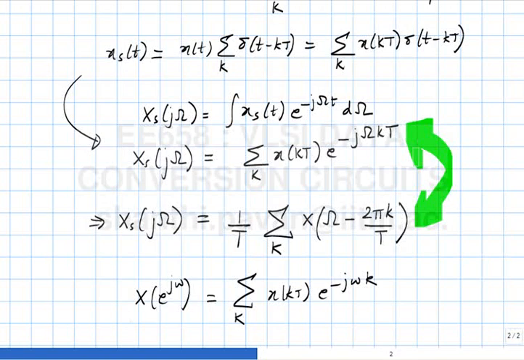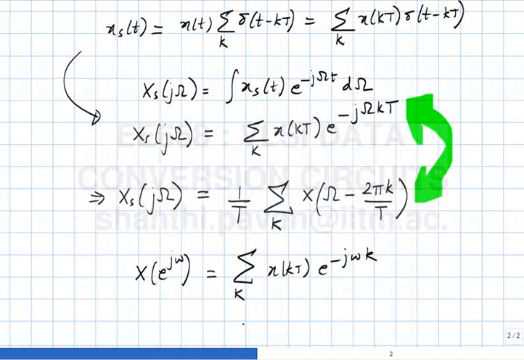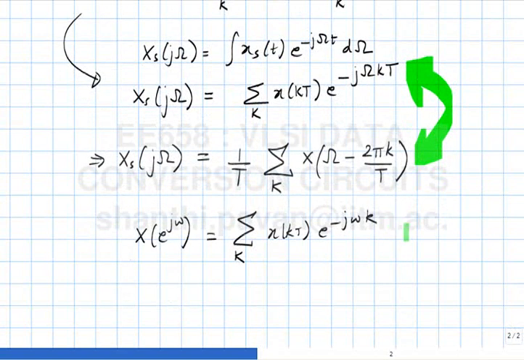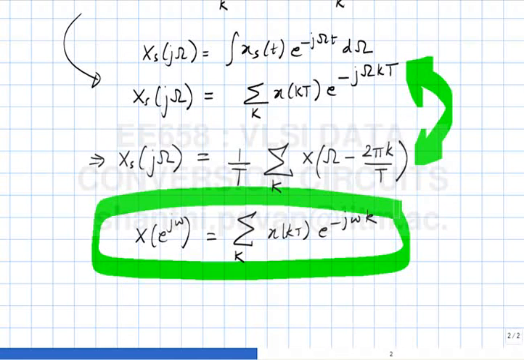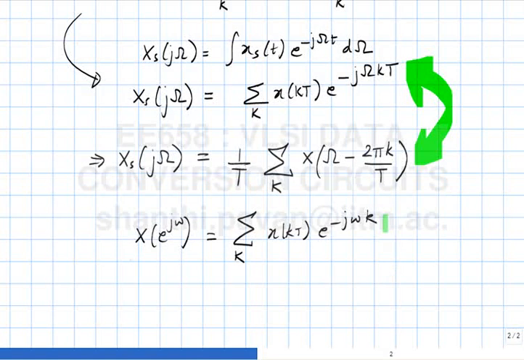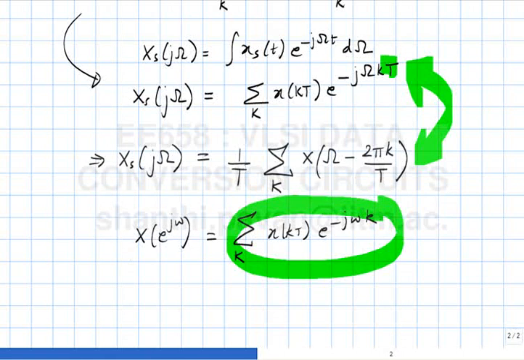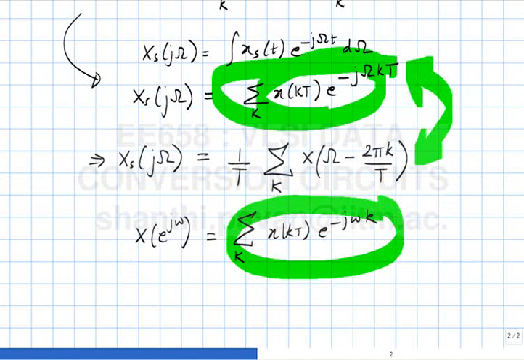All that we have done is we have found the Fourier transform in two different ways. And what we are after is this here. This is what we want to find. So can you see a correspondence between the two? We want this, we have found this, and this happens to be the same as this.